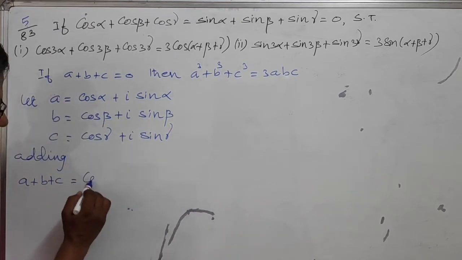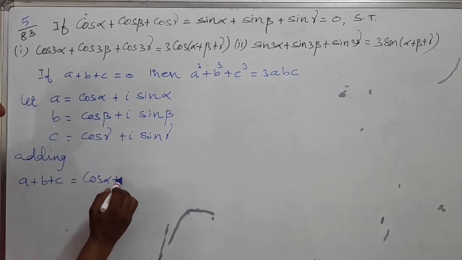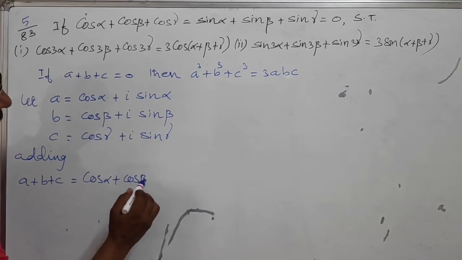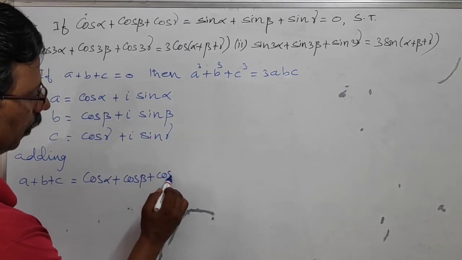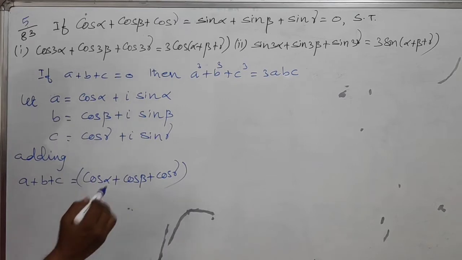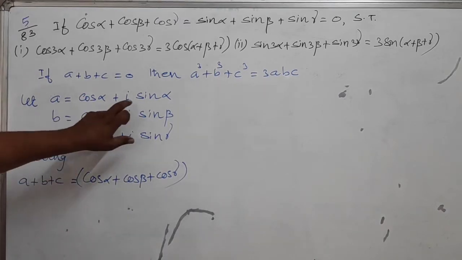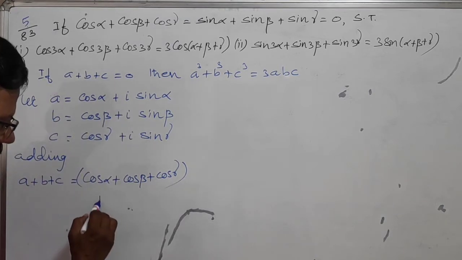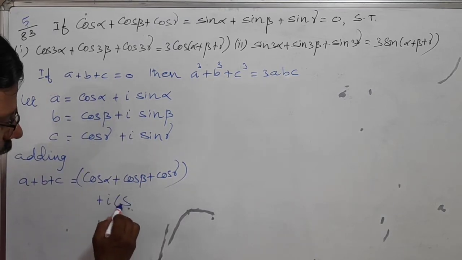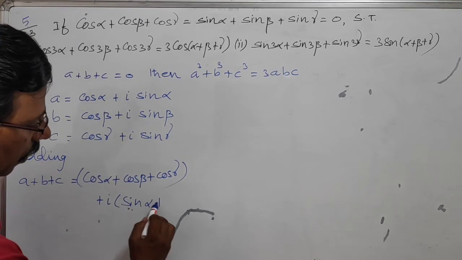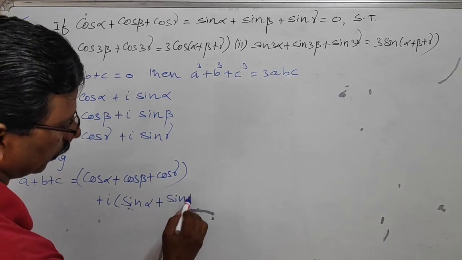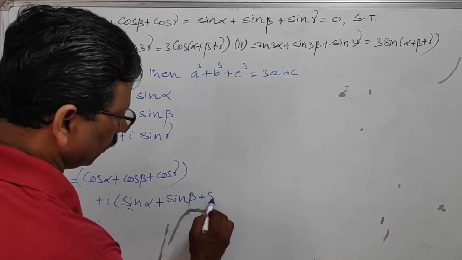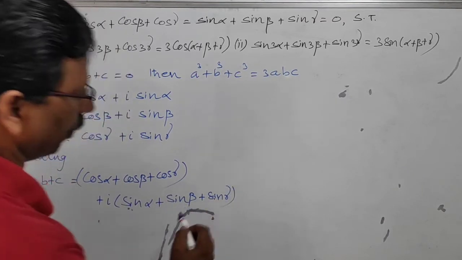Then we can write cos alpha plus cos beta plus cos gamma. Then after that, write all the imaginary parts. See, i is common, therefore you can take i outside: i into sin alpha plus sin beta plus sin gamma.